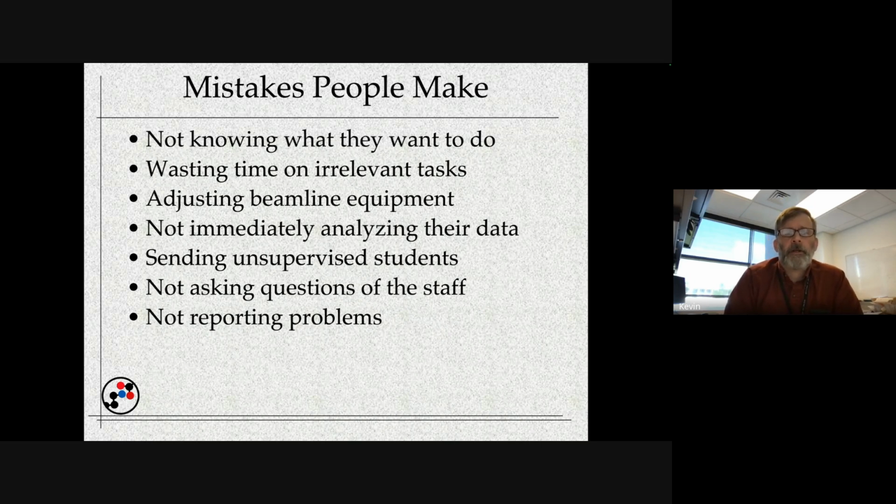So the sending unsupervised students portion: I certainly know that you're all teachers, and this is more geared at the fact that frequently we would get graduate students that are very junior coming to the beamline to try to do experiments, but not really knowing what it is that they're supposed to be doing.